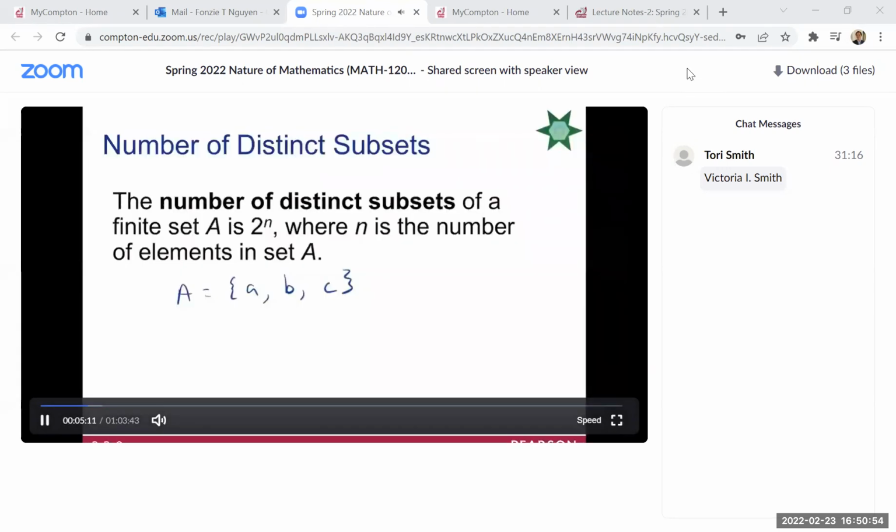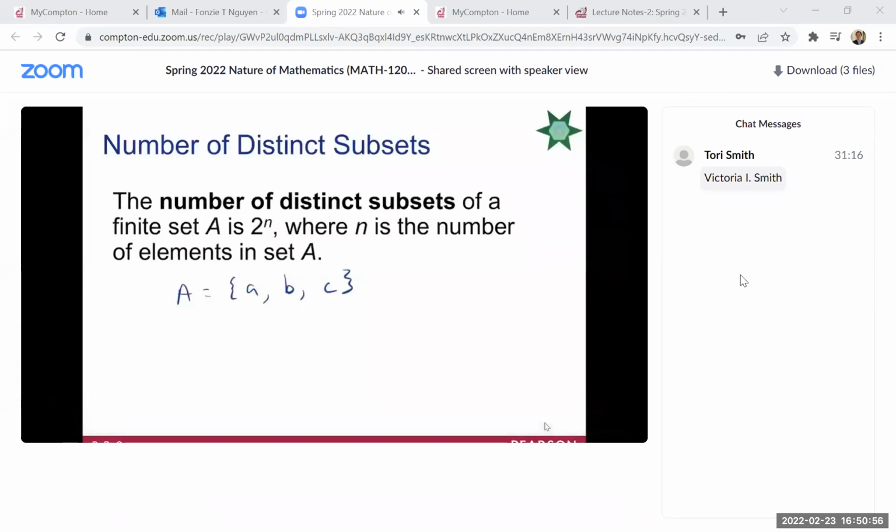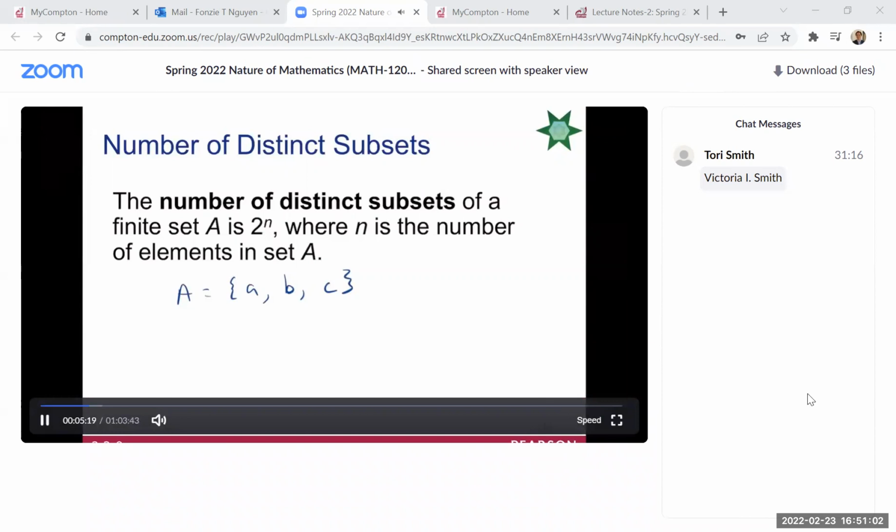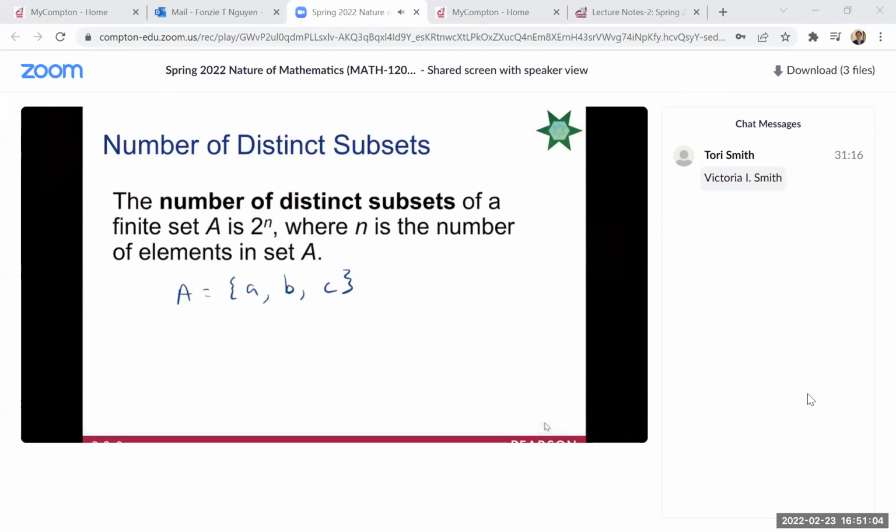All right, so let's just say we had a set A, B, and C. How many distinct subsets are there? Let's start with the set of nothing, the empty set.